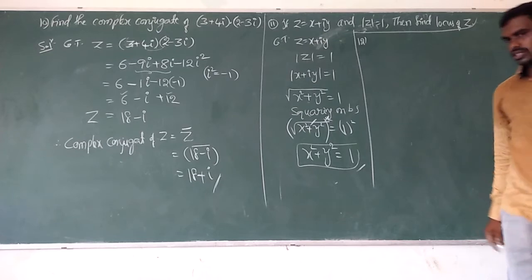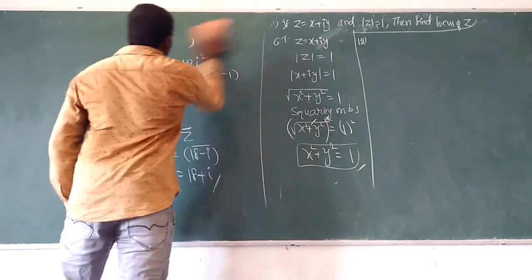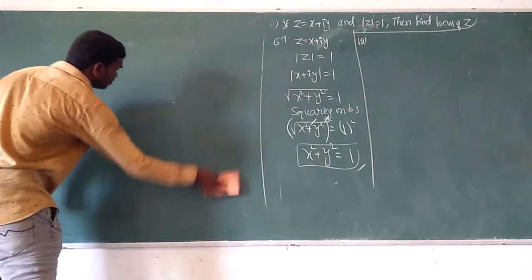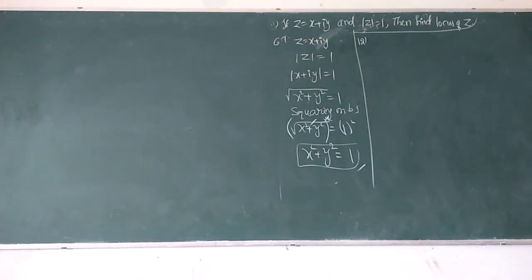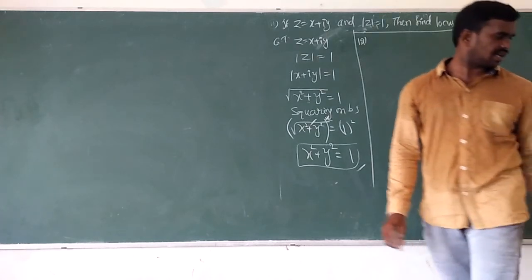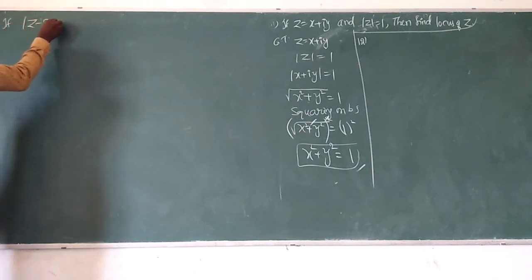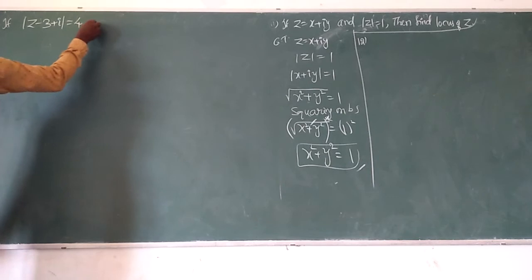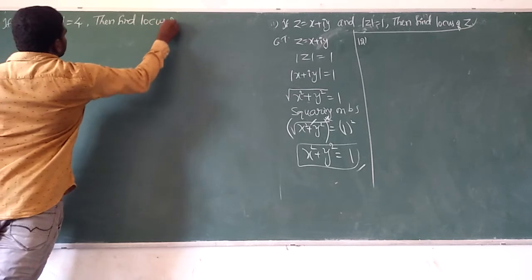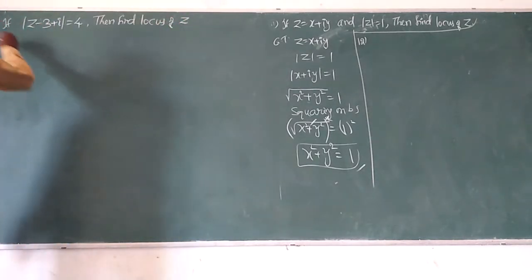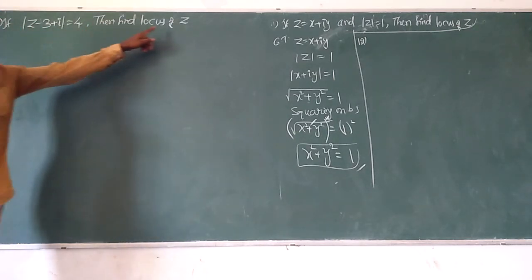This locus of z is also an important concept. 12th question: if modulus of z minus 3 plus i equals 4, then find the locus of z.